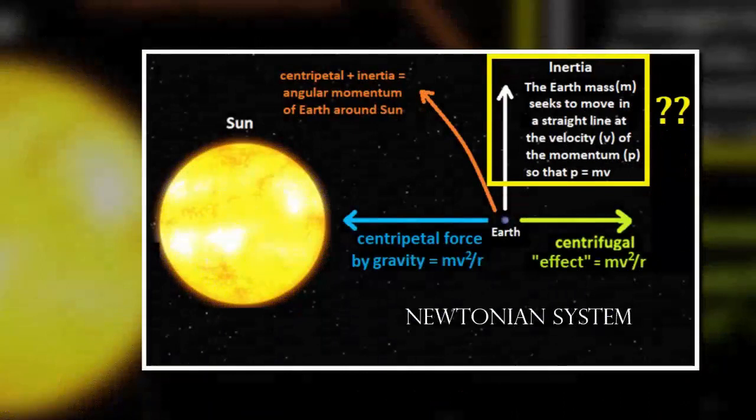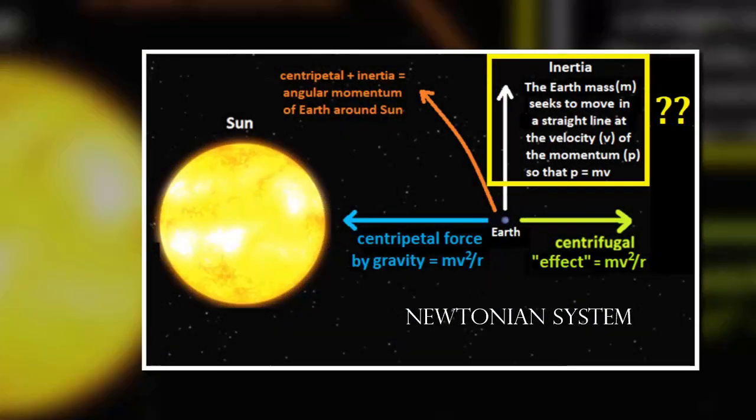The first was that Newton had to assume that an object that moved in space would not only seek to move in a straight line, it also had to have a property that kept it moving, to which he assigned the term inertia. But this supposition only begged the question as to the cause of inertia. In other words, where does a moving body acquire the continual power to keep moving?